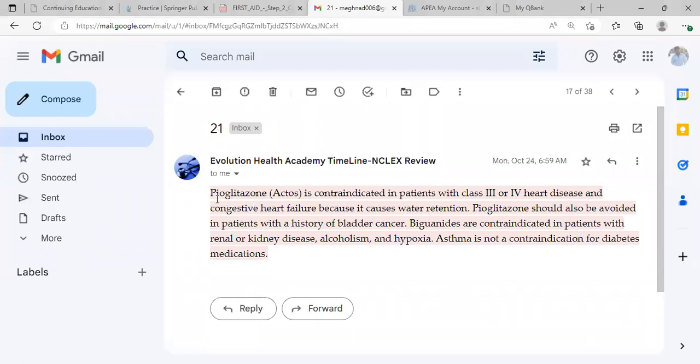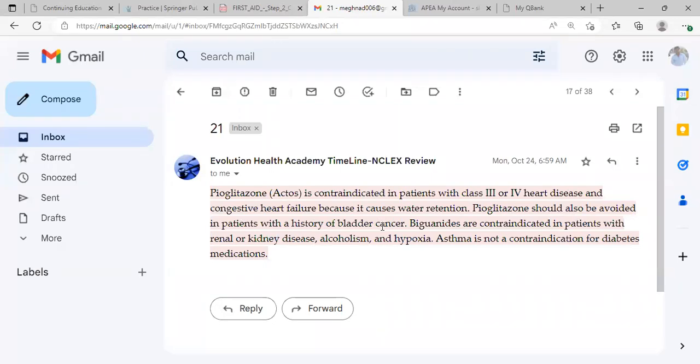Next, one of the medications is called pioglitazone. This medication is contraindicated in patients with class 3 or 4 heart disease and congestive heart failure because it causes water retention. Pioglitazone should also be avoided in patients with a history of bladder cancer.